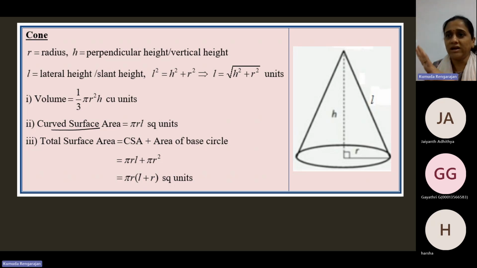So a conical birthday cap has only one surface, which is the curved surface area. It does not have the flat circular surface. You can see the edge of the circle, but that surface is missing.